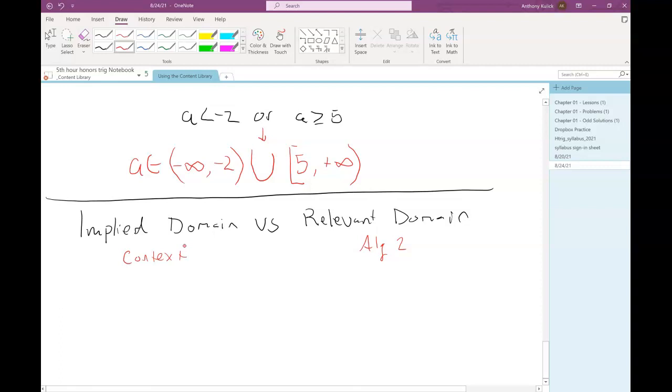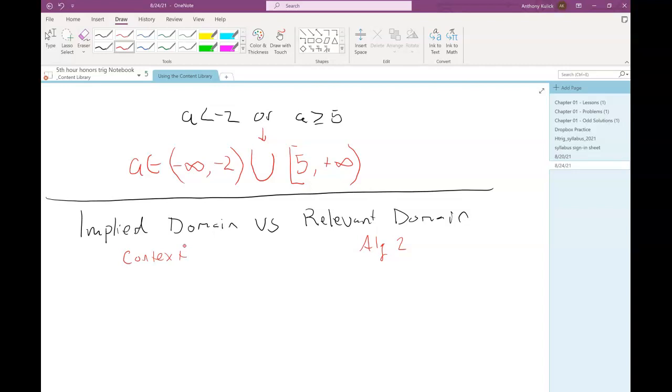We wouldn't be talking about real numbers, because if x is representing people, you can't have a negative person, right? You can't have 7/8 of a person. You're really talking about a situation where your domain would be the natural numbers, like 0, 1, 2, 3, 4, 5. Whole numbers only, no negatives. Does that make sense?